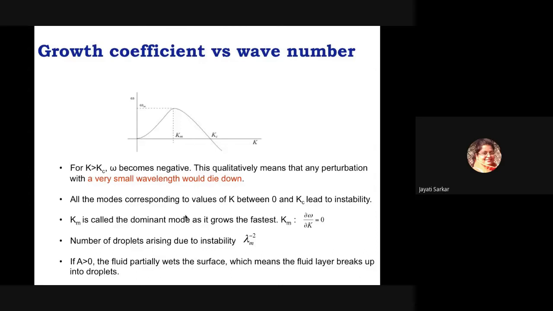If it happens that A is less than 0 between two surfaces, that means the fluid surface is repulsive to the substrate. It does not want to wet, so it does not come down and dewet the surface. In that case, we don't get any instability.